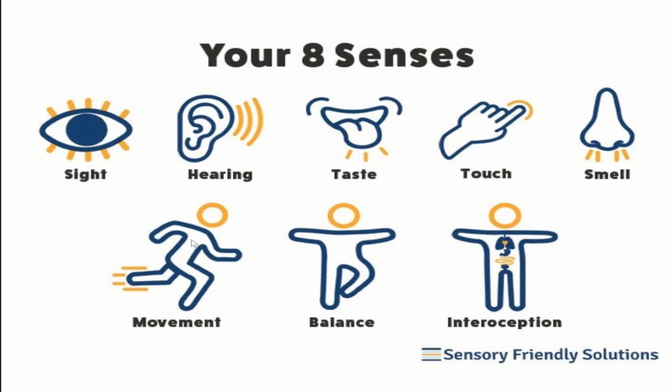And we have interoception, and that is our sense of self. That is where we're monitoring the internal situation or levels. So basically, our sense of homeostasis, our ability to maintain homeostasis is interoception.